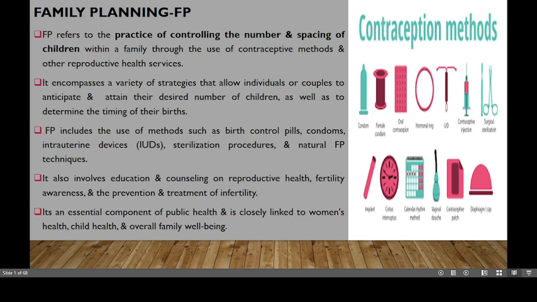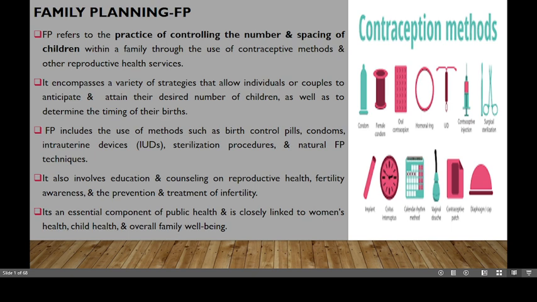Family planning methods could be like birth control pills, the use of condoms, intrauterine devices, sterilization procedure, and even natural family planning methods.